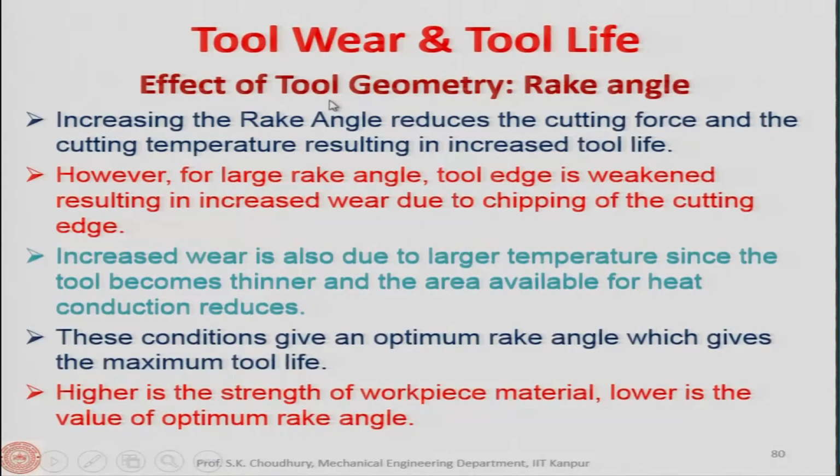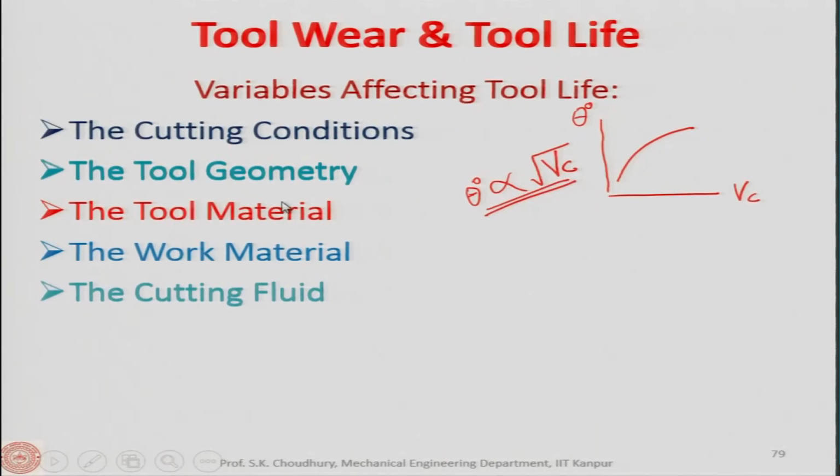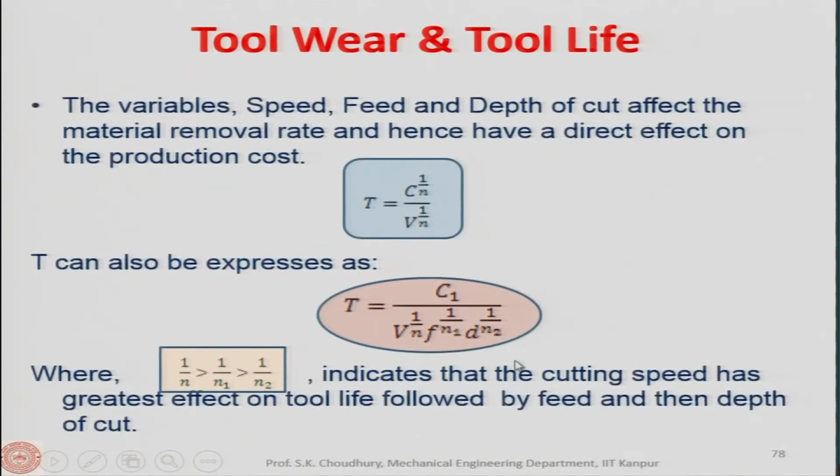Now, the effect of cutting conditions we are not discussing separately, because we have already shown that apart from the cutting velocity, the feed and the depth of cut also affect the tool life, and this is in such a way that the speed has the greatest effect, followed by the feed and then the depth of cut.